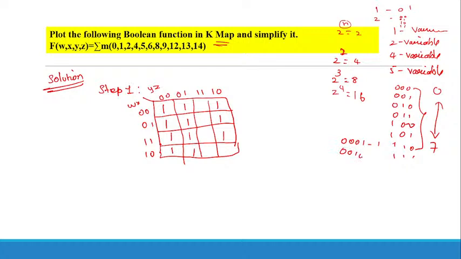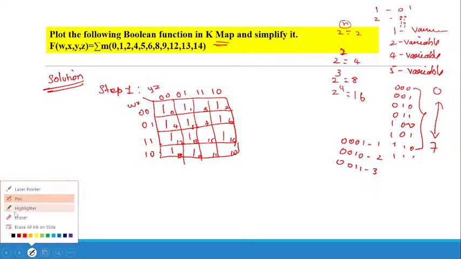If it is like this, 2. Like this, 3. So this is how each and every cell has its decimal value: 0, 1, 2, 3, 4, 5, 6, 7, 8, 9, 10, 11, 12, 13, 14, 15. Okay, so I have plotted using that.